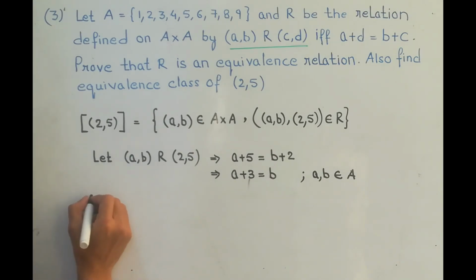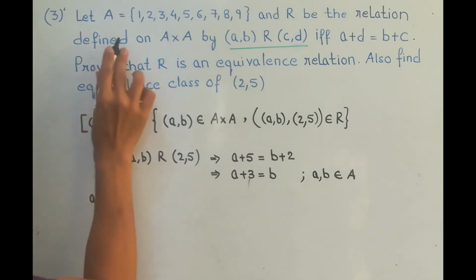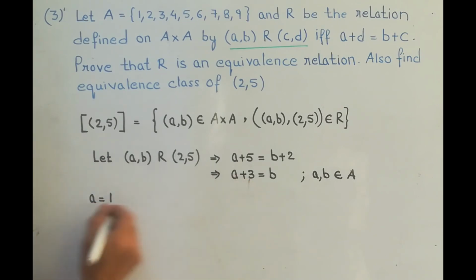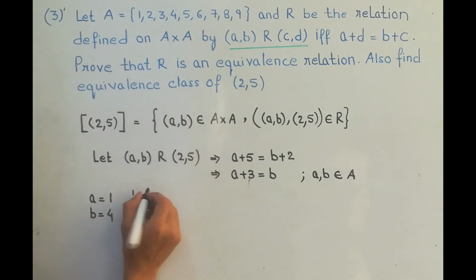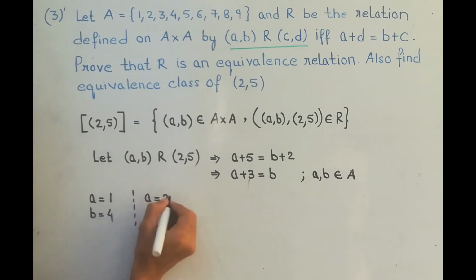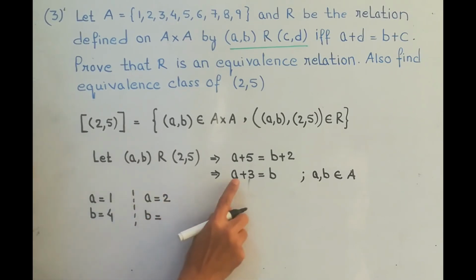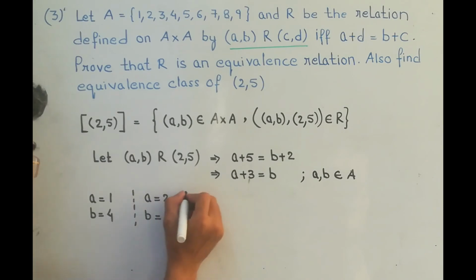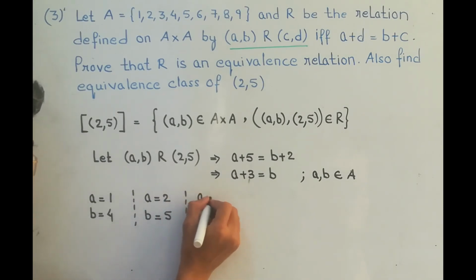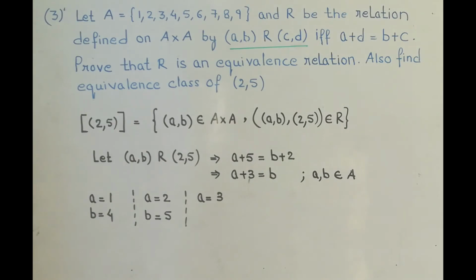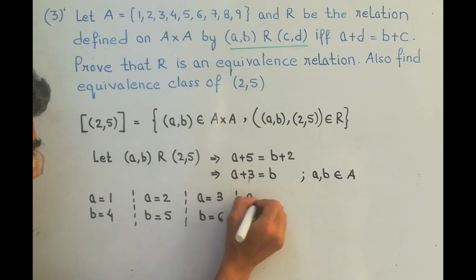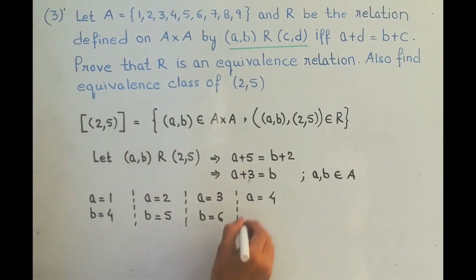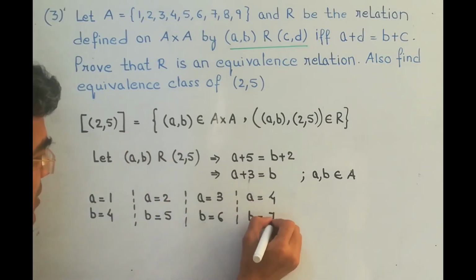So here, when a is substituted as 1, b is equal to 4. Next value of a, you can put 2 over here. So a is equal to 2, so b will be equal to 2 plus 3, 5. Substitute the next value, a is equal to 3. So you will get b is equal to 6. Next value, you substitute 4, so b is equal to 7.